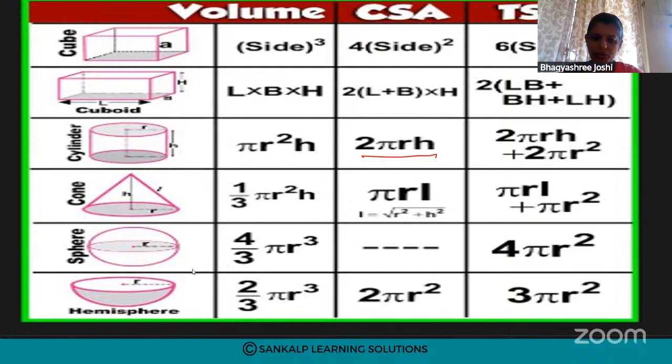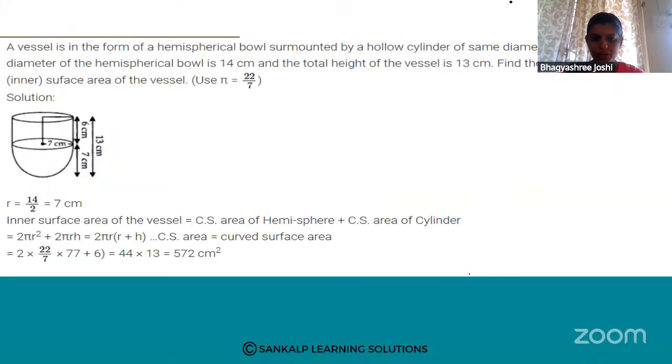The volume of a sphere is 4 by 3 pi r cube and total surface area of the sphere is 4 pi r square. Volume of a hemisphere is 2 by 3 pi r cube, 2 pi r square is the curved surface area, and 3 pi r square is the total surface area of the hemisphere. Now, based on these formulas, we are going to solve some 2, 3, 4 marks questions.